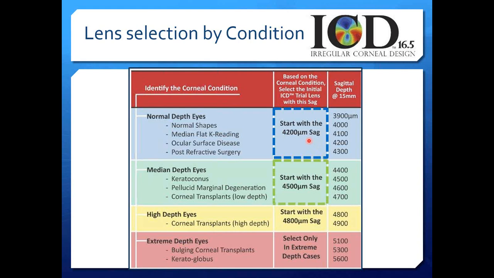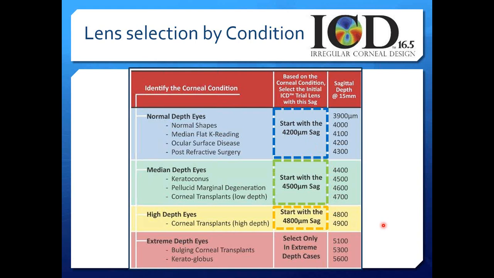If you had a keratoconic patient, they tend to be much higher in depth, around 200 to 300 microns higher. So you would therefore select from your ICD set the 4,500 micron SAG lens. If you were dealing with a bulging transplant, then you might go up even higher, another 300 microns higher, and choose the 4,800 micron lens.